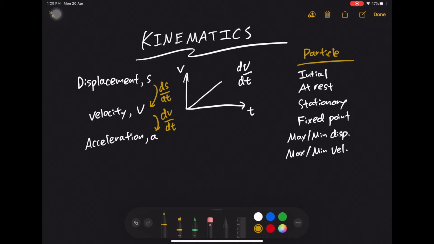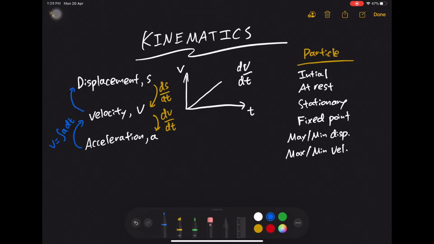In order to go back from acceleration to velocity, and from velocity back to displacement, we need to do integration. We need to integrate our acceleration, and we're going to get back to our velocity.